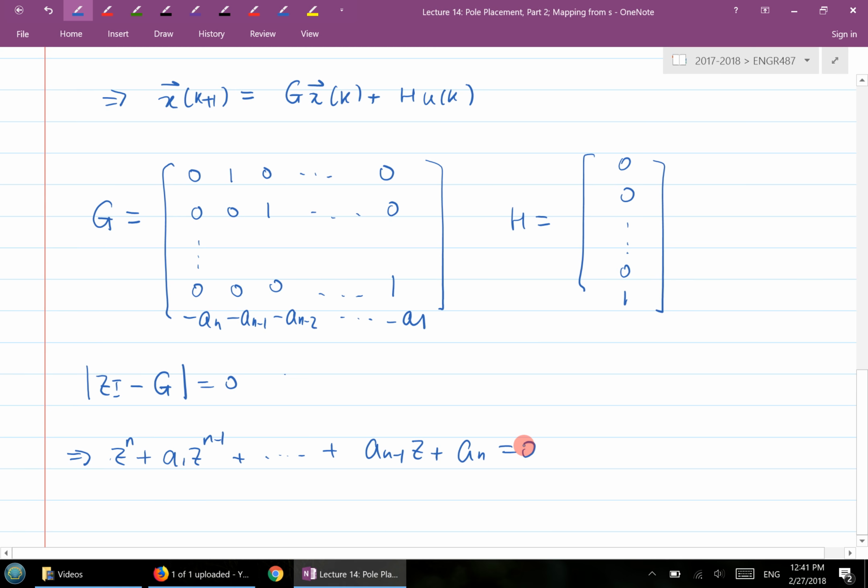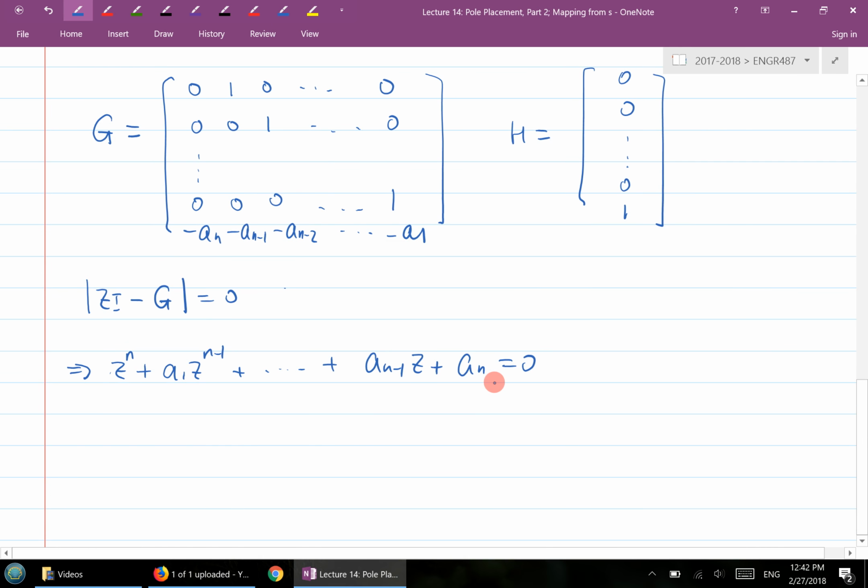It's very, very simple. A lot of these zero elements give us a fairly straightforward characteristic equation, whose coefficients happen to be the coefficients of the denominator. You can try it yourself. It is basically plugging z into all the diagonal elements here, putting a negative sign on the rest, and then taking the determinant, and you get this one here.